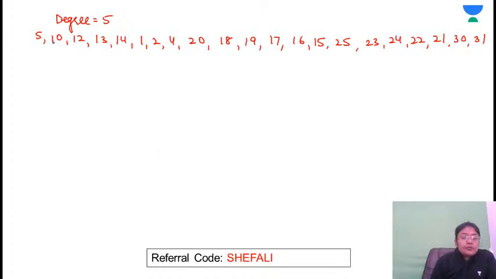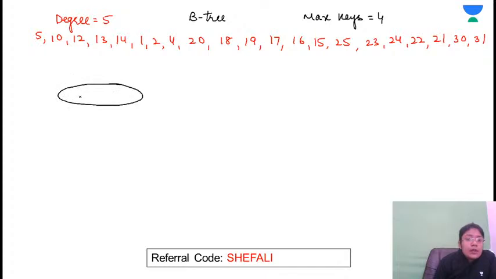Now, construct the B tree. Degree is 5. This means that in a node, maximum number of keys, how many keys are allowed? Maximum keys allowed are 4. 5, 10, 12, 13, कोई problem नहीं है. There is no problem. When 14 is coming up, that's a case of overflow.